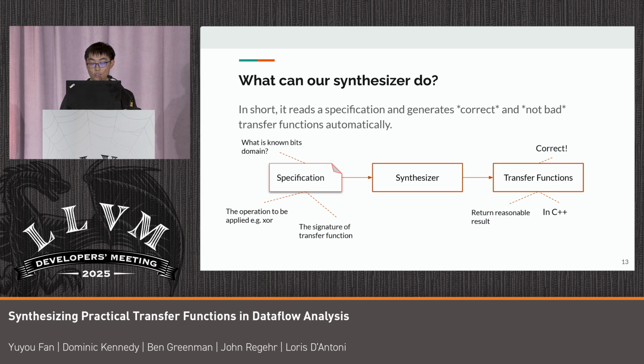We can give you some transfer functions. We can make sure it's correct. It always gives you the right information, and it at least returns reasonable results. You can use it to do some peephole optimization, and it's in C++, which means you can directly include the result in your project and call it in your data flow analysis.